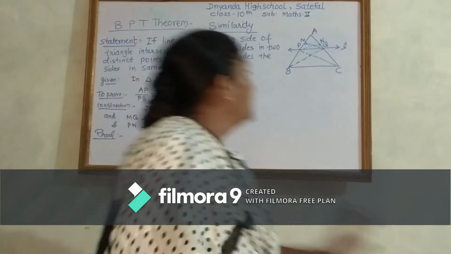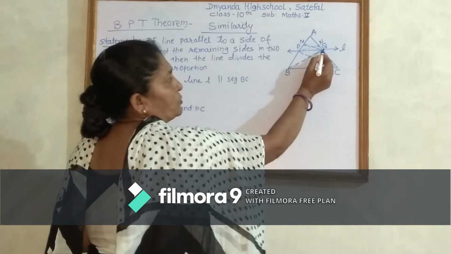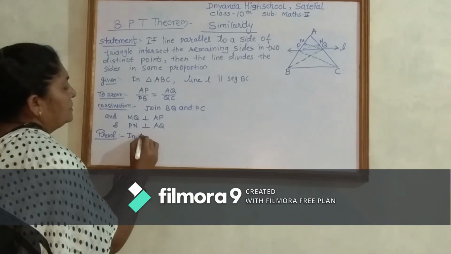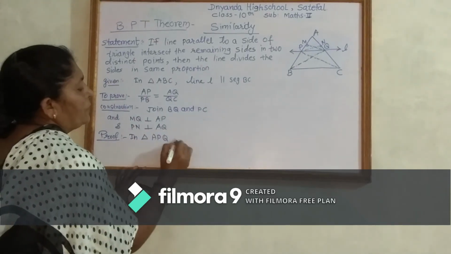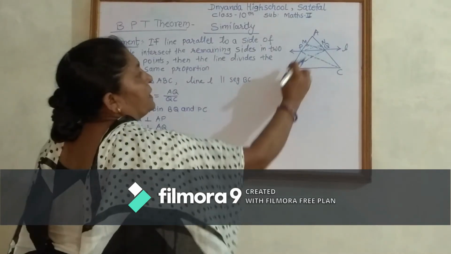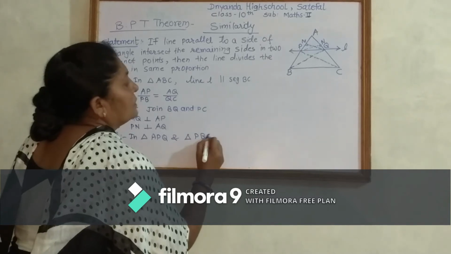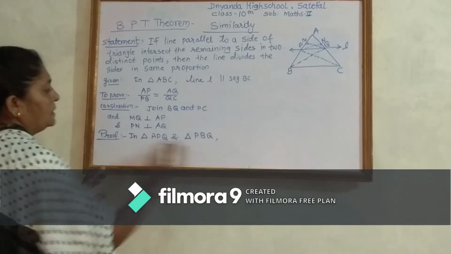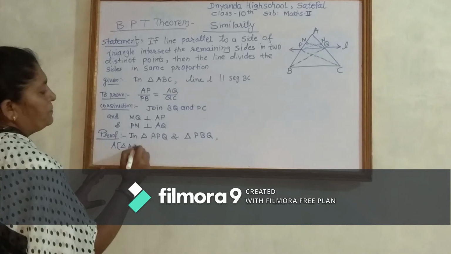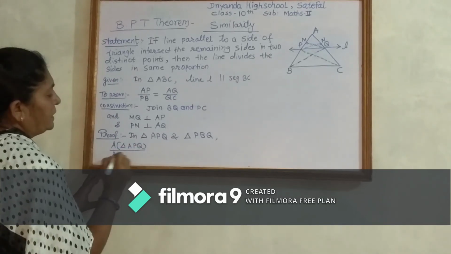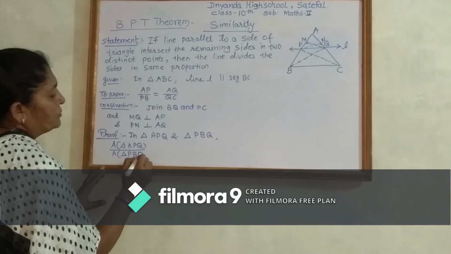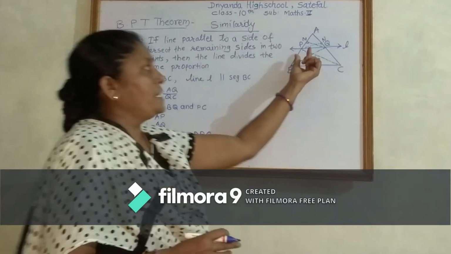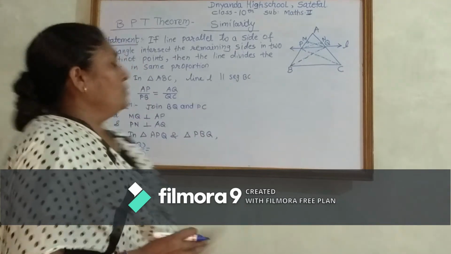In triangle APQ and triangle PBQ, to find the ratio of areas of these two triangles, area of triangle APQ divided by area of triangle PBQ is equal to half into base into height divided by half into base into height of triangle PQB.